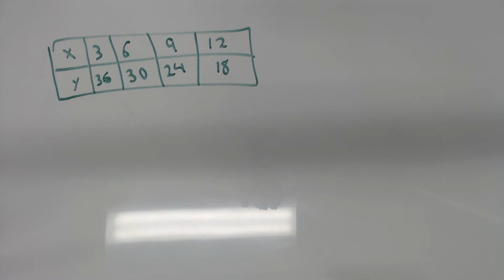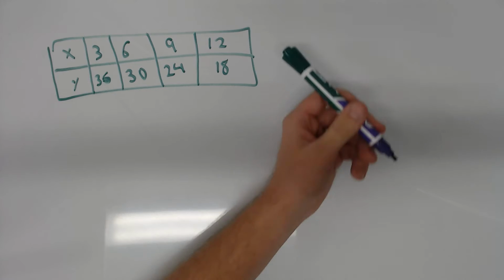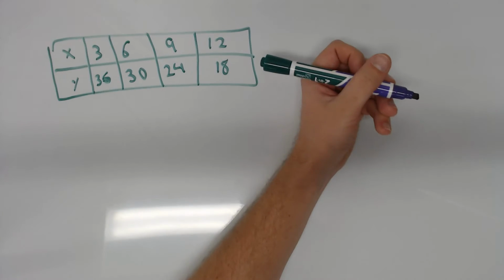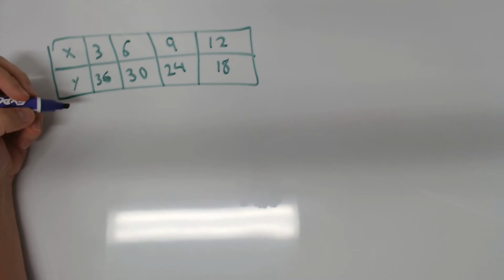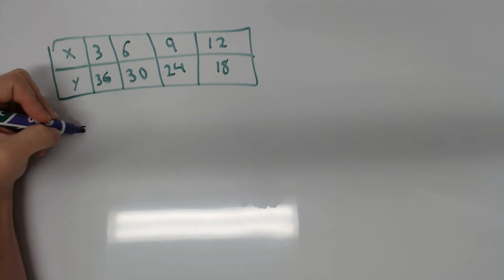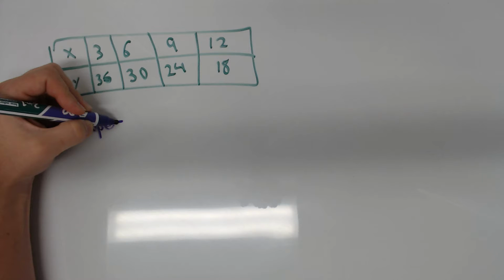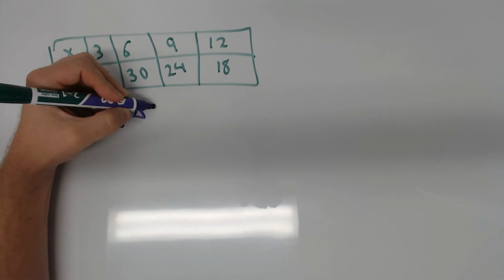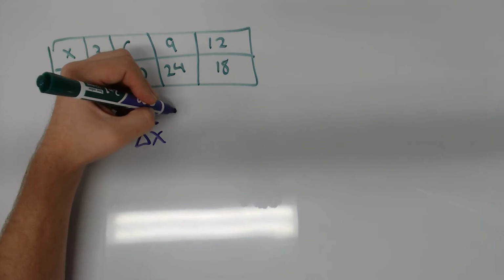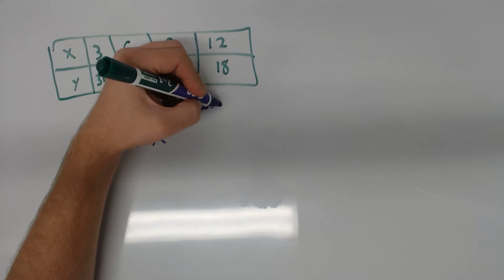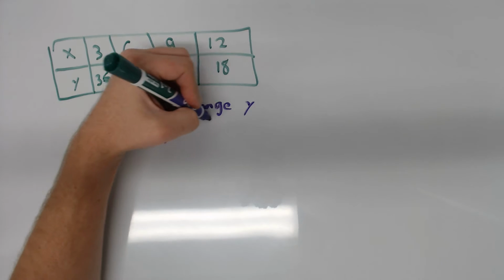Another common type of problem you're going to see here is if I give you a table of values, can you tell if it's linear? All right, what we're looking for is a constant rate of change. So slope is often written delta y over delta x. That means change in y over change in x.